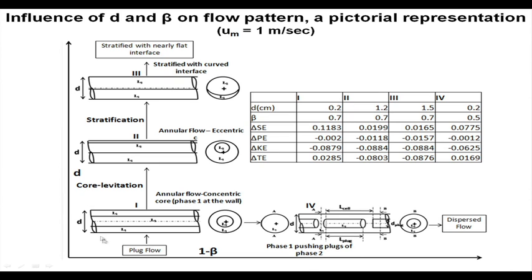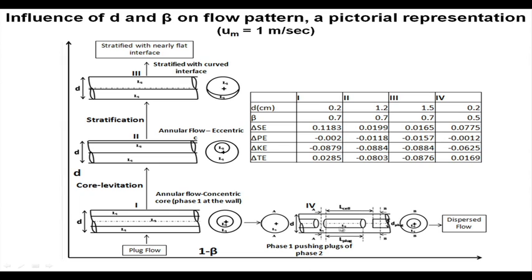We find that for low diameters and low 1 minus beta, the plug flow pattern is more stable. It is quite obvious. When the water fraction is higher and at the same time the diameter is lower, we get the plug flow pattern.